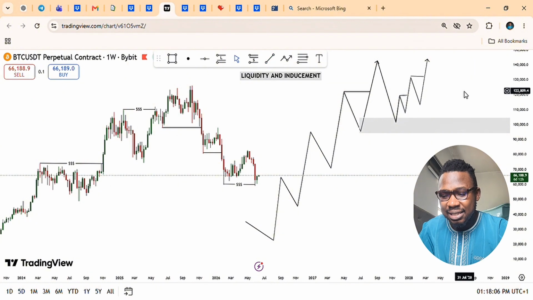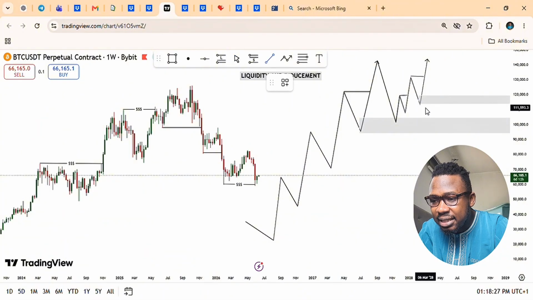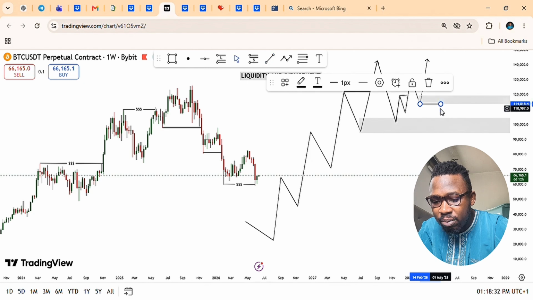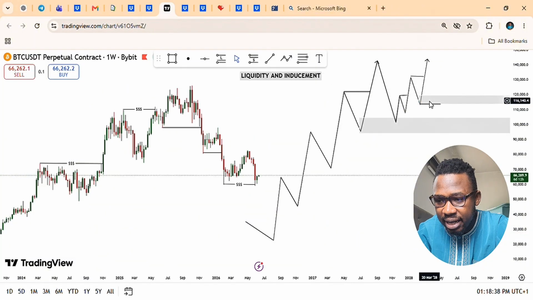Aggressive traders want to enter aggressively from this second break of structure, and when they enter there, they put their stop losses below this zone. Let us use a dollar sign to represent it here, so you know that there are stops there.